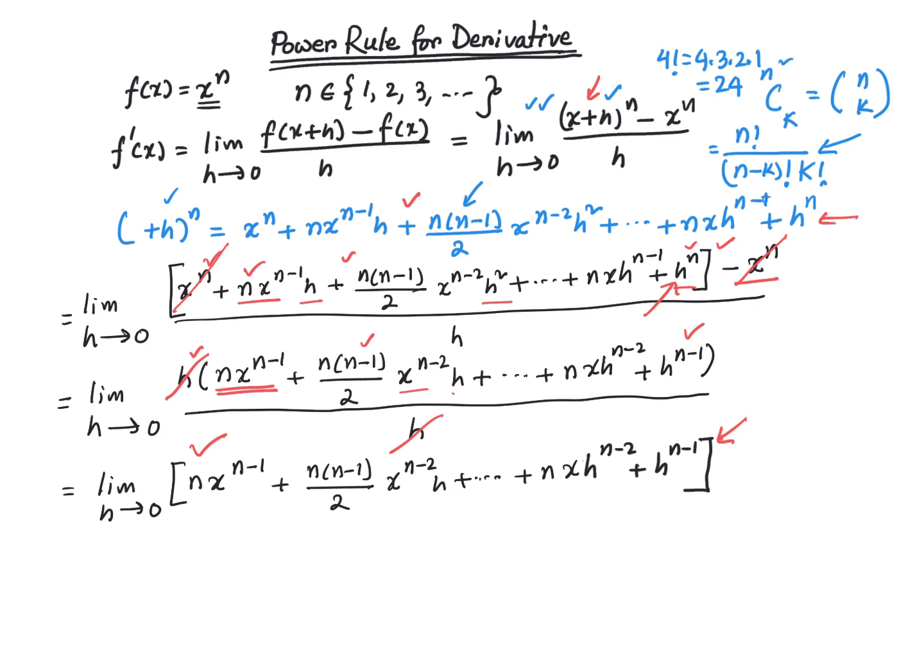Now this is a limit of a sum, which is the same as the sum of limits. But we notice that all of these terms, except for the first one, have h in them.